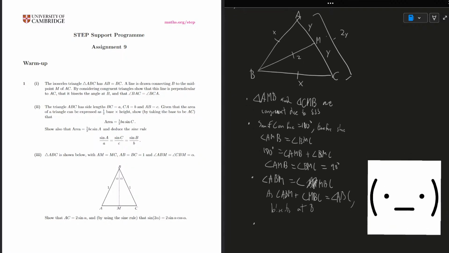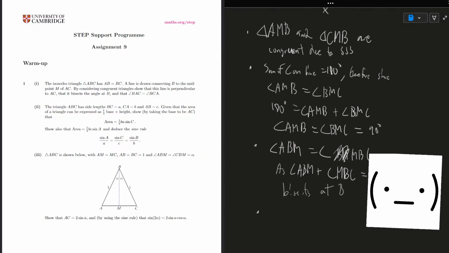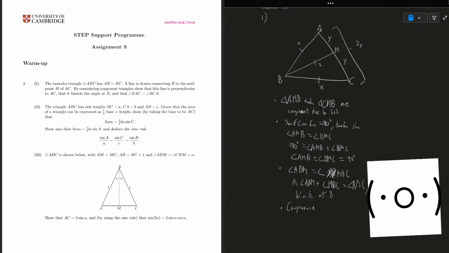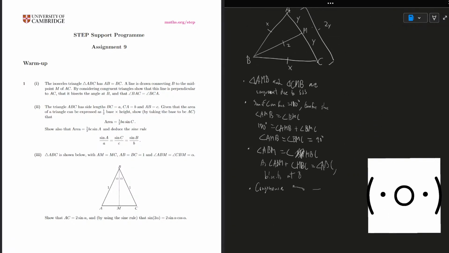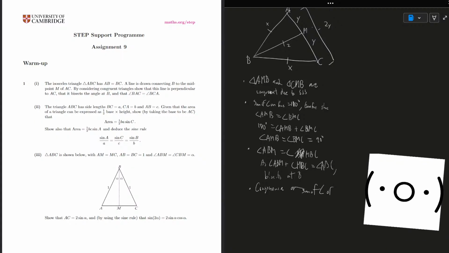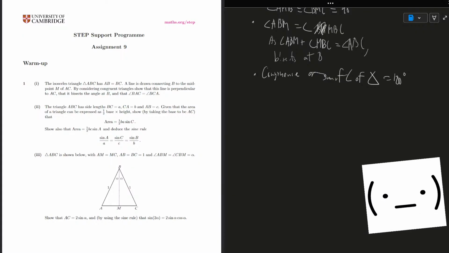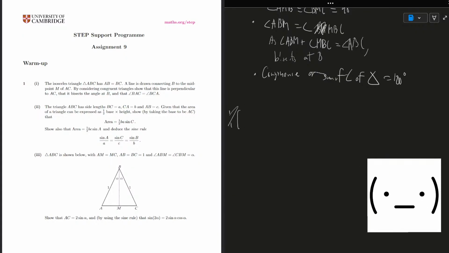And finally, BAC equals BCA, well, that's obviously just congruent. I'm not going to bother, it's just congruent. Or even the sum of angles in a triangle equals 180. That's also valid. So yeah, that's that.